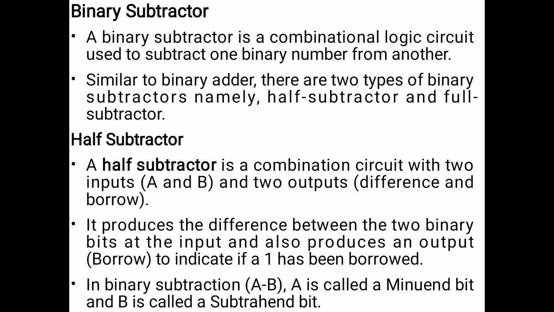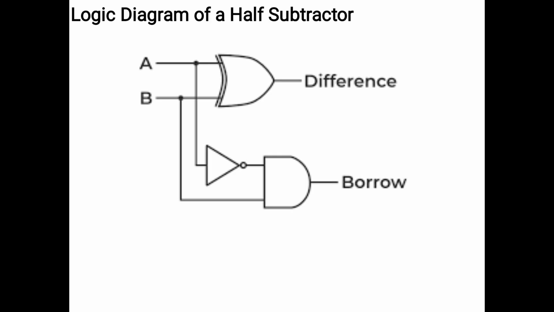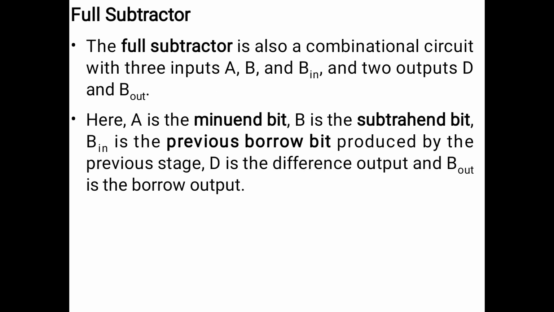It produces the difference between the two binary bits at the input and also produces an output borrow to indicate if a 1 has been borrowed. In binary subtraction between A and B, A is called the minuend bit and B is called the subtrahend bit. This is the diagram representing the logic diagram of a half subtractor with inputs A and B and difference and borrow as output.